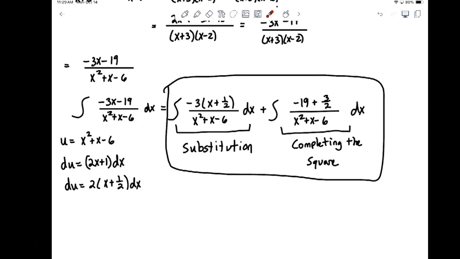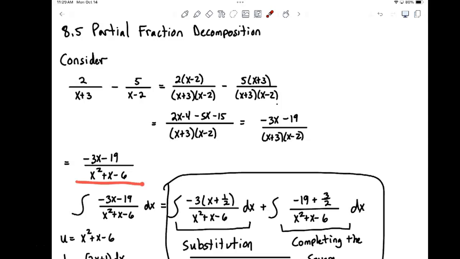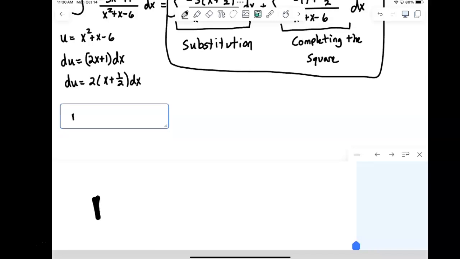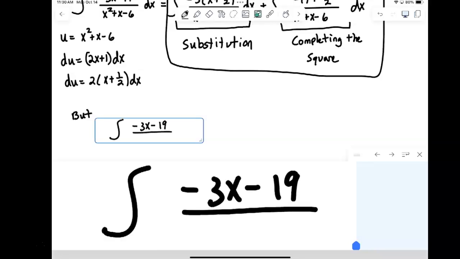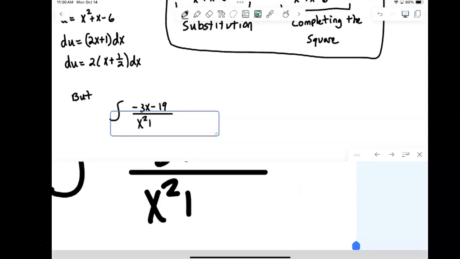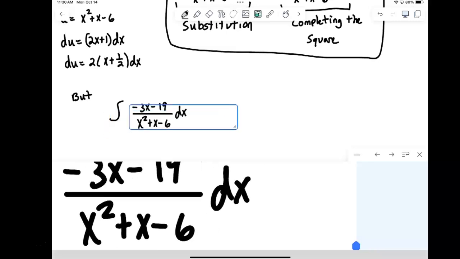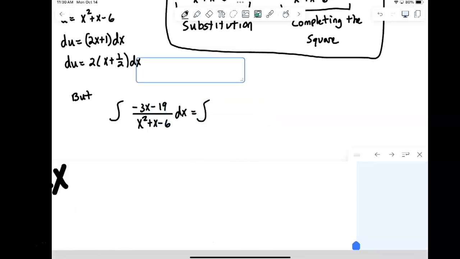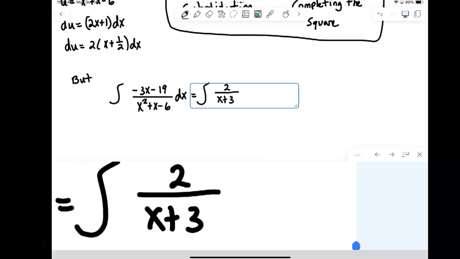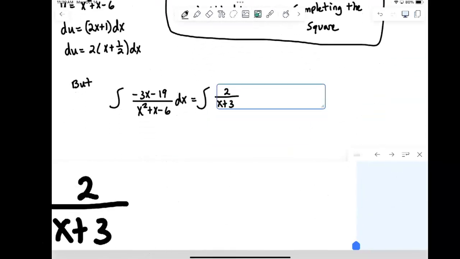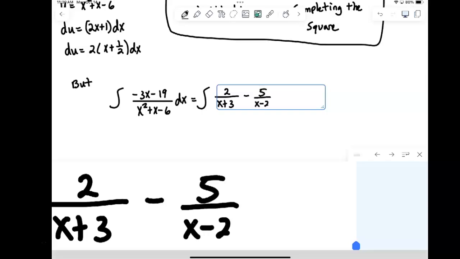Okay. However, because we know that this, minus 3x minus 19 over x squared plus x minus 6, can be rewritten as these 2 algebraic fractions, then we can take our integral, and instead of doing all the stuff I just typed, we could take that integral of minus 3x minus 19 over x squared plus x minus 6 and rewrite it as the integral of the original 2 fractions, 2 over x plus 3 minus 5 over x minus 2 dx.